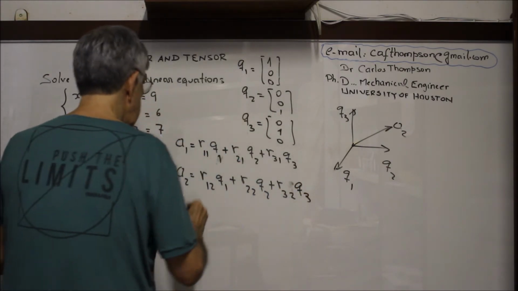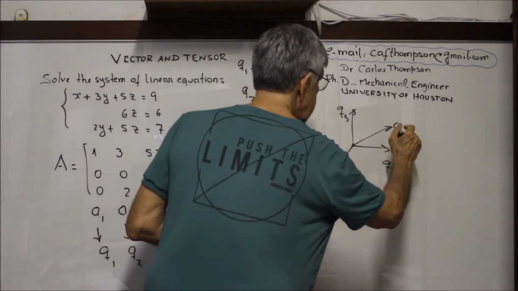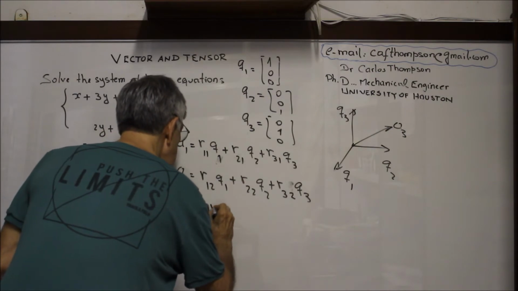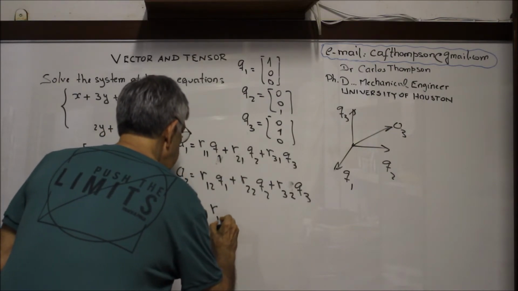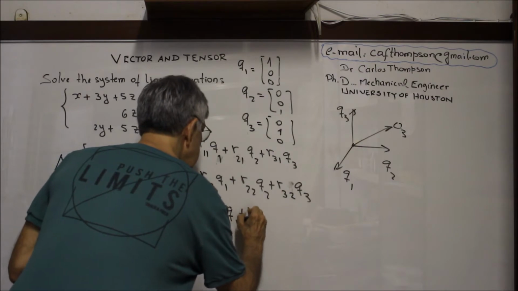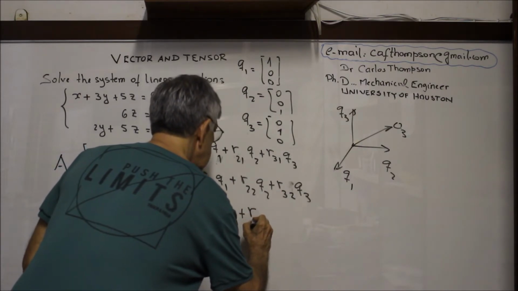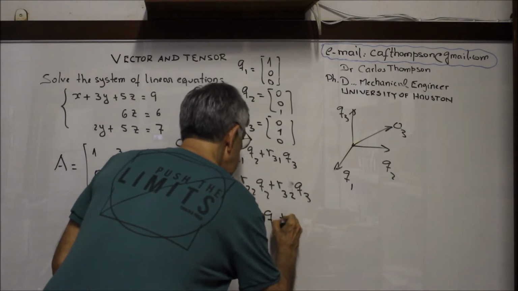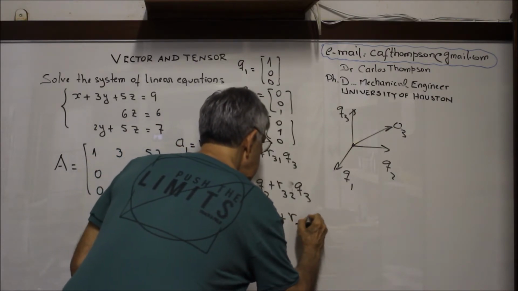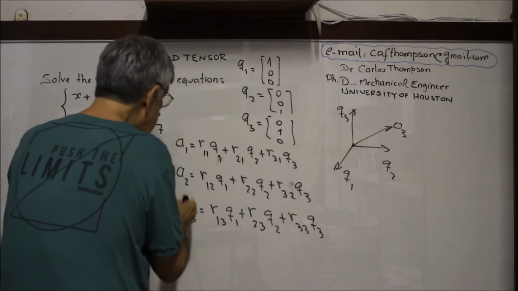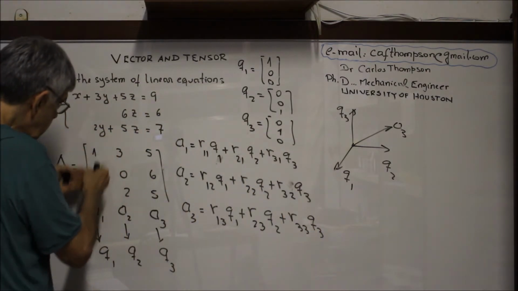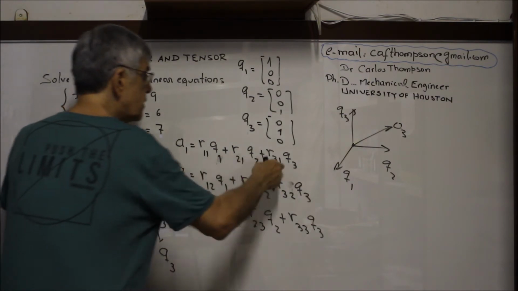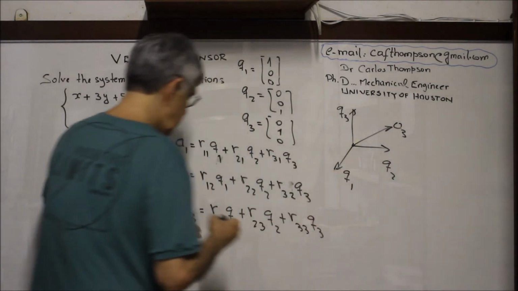Now, let's put A3 here. It's a linear combination. A3 is equal to R1,3 Q1 plus R2,3 Q2 plus R3,3 Q3. Okay, that's a linear combination. I have a column vector, and each one I can represent as a linear combination of these.